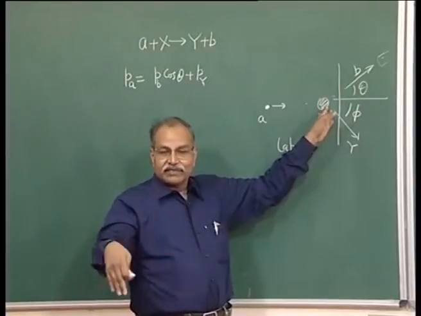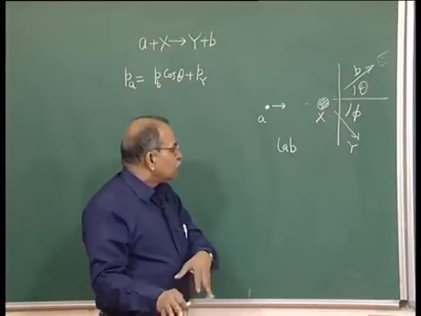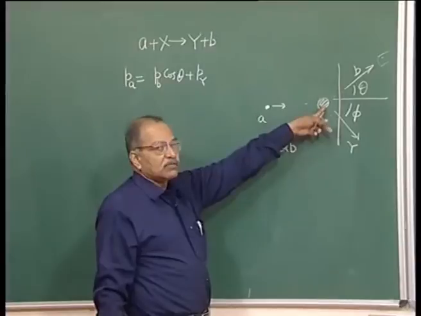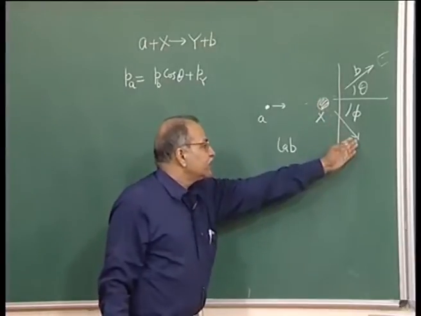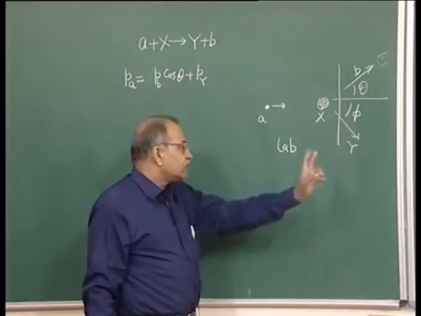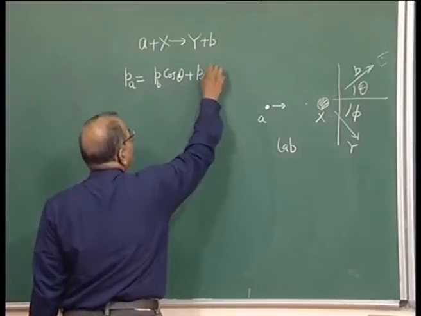It will be stopped in the target. Normally the target is of some solid material, so there are more collisions and thermal distributions. As far as this nuclear event is concerned, it is recoiling in this direction. We do not observe this, it remains in the target itself, but it will be P y cos phi.